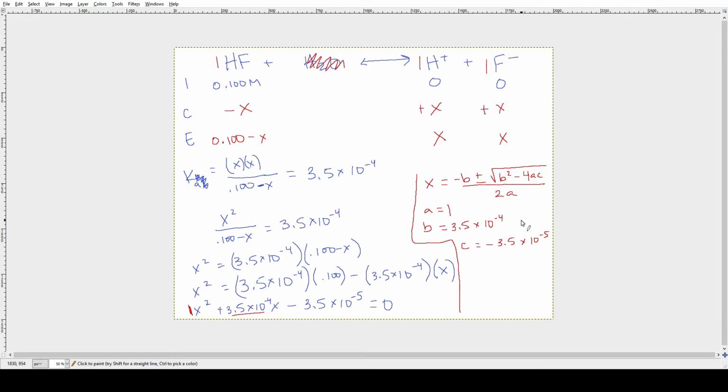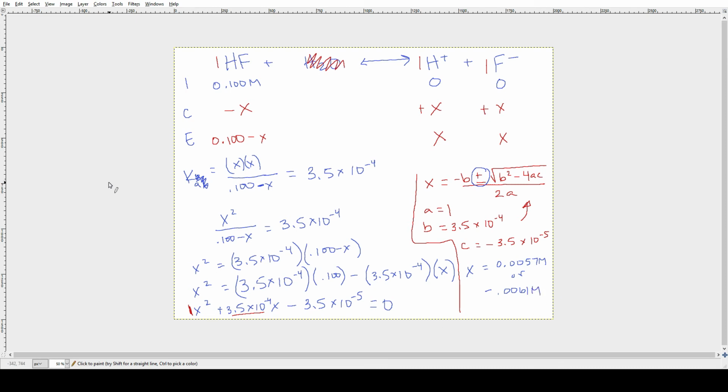So I'm going to plug these numbers in up here, and for the sake of time I'm going to assume that you're able to plug those in. And if you did that, when you deal with this plus or minus, you're going to come up with two different numbers. You're going to have x equals 0.0057 molarity or negative 0.0061 molarity.